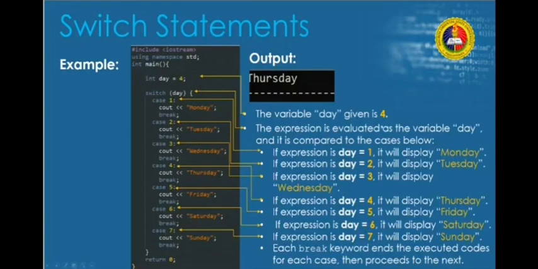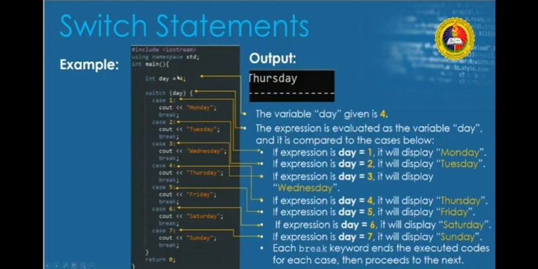Alright, so let's analyze our program here. We have an integer day equals 4. First, the expression is evaluated as the variable day, because we have switch and then day. Since our expression is day, it will hold the value of our day variable. If day is equal to 1, it will display Monday.